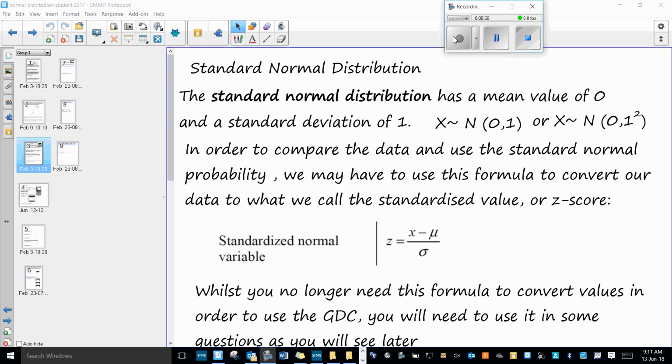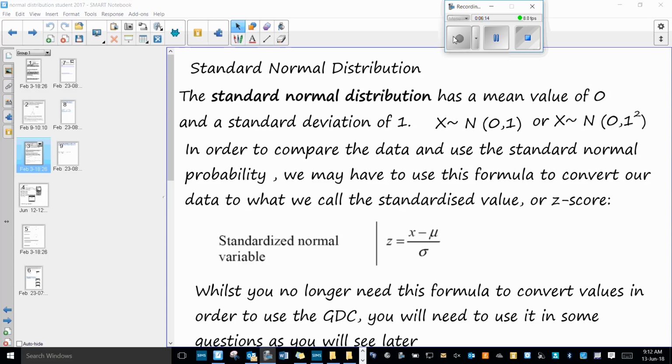So we generally change them to percentages. For standard normal distribution, in order to compare things, we change them to be the standard normal rather than just normal distribution. Okay? So if you see anything with the mean of 0 and the standard deviation of 1, you know that it has been changed to the standard normal distribution.